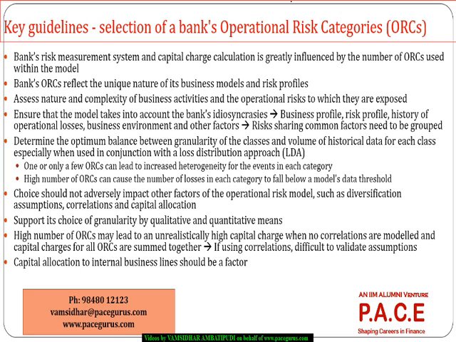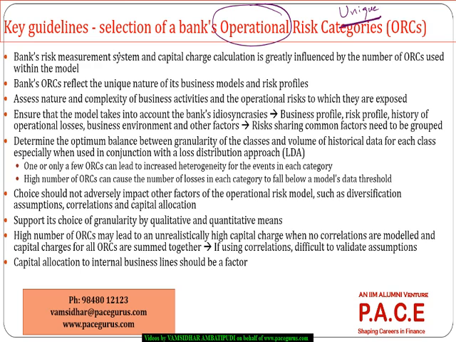Then again, every bank has to really choose its operational risk categories. They could be unique to each bank depending on the kind of business model it is following. But still there are a few guidelines to work on.